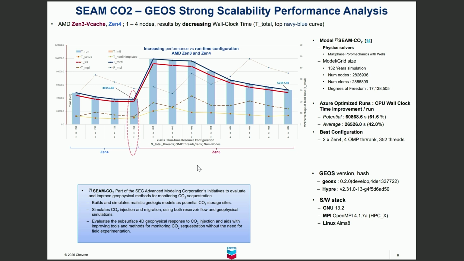And we found out that if I use 2 nodes with 4 threads per MPI rank and a total of 352 threads, so you can see how many ranks I have, okay? This is the best way to run this model on Zen 4, and this is the best way to run it on Zen 3. And as you can see, absolutely the Zen 4 runs this model better than Zen 3.